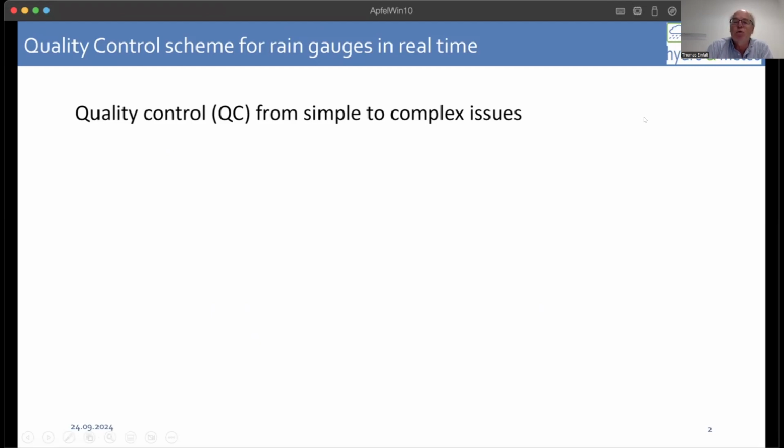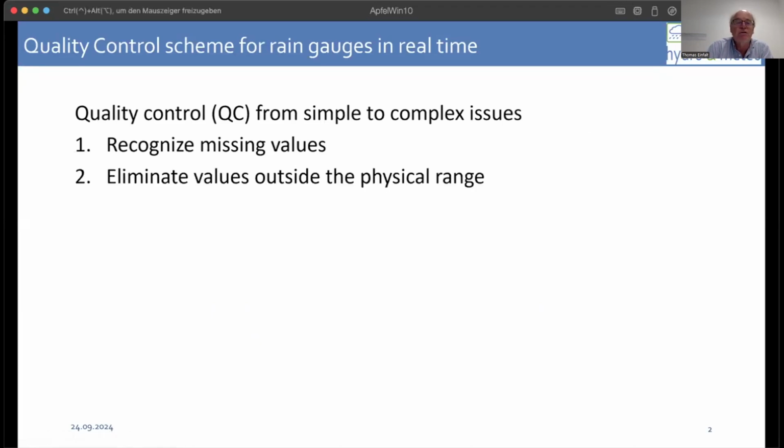And what we are proposing is to start from simple to complex issues. So when we receive rain gauge data, we recognize missing values so that they are not used. They are flagged, and we eliminate values that are outside the physical range. Sometimes you have transmission errors and you get, for example, negative rainfall, and this of course needs to be eliminated. You cannot work with this.